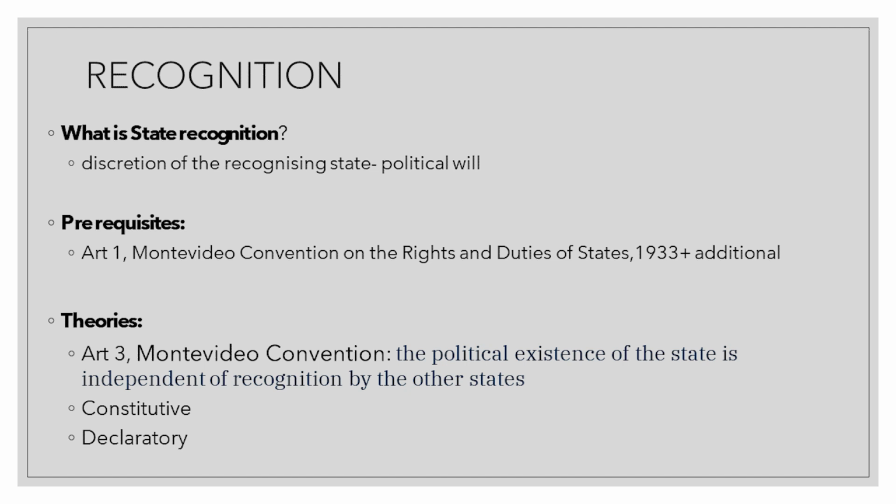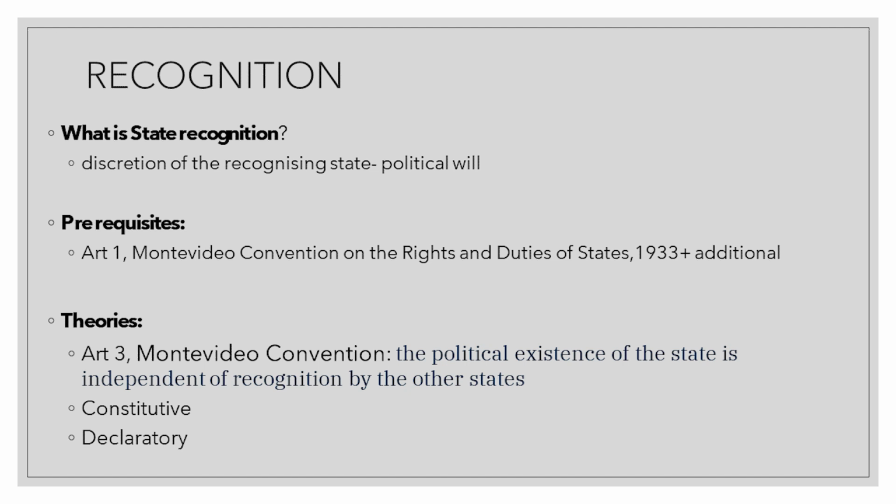But then again, let us remind ourselves that if a political unit fulfills all the 4 prerequisites, that does not mean that it has a legal claim of being recognized as a state against other recognizing states. What does this mean?